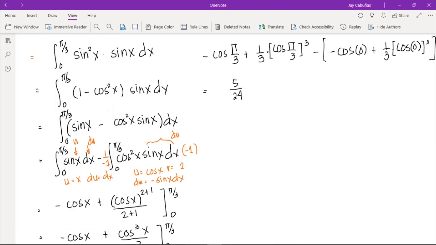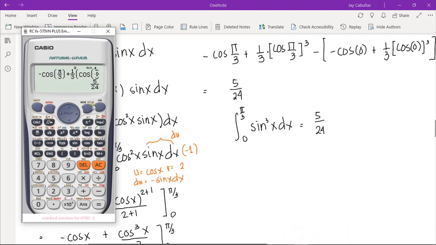So this is the definite integral of sine cube x dx from the limit 0 to pi over 3. Now let's try to check it using the calculator. If you have this one, you click this button. So that is sine, we have it raised to the third power.